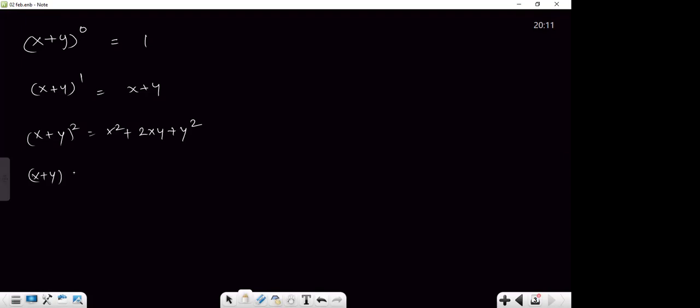X plus y whole cube. We are also aware of the value of this term. But how about if I write x plus y raised to power 4? That is something that we are unaware of, right? So we'll have to use the binomial theorem for that particular case.